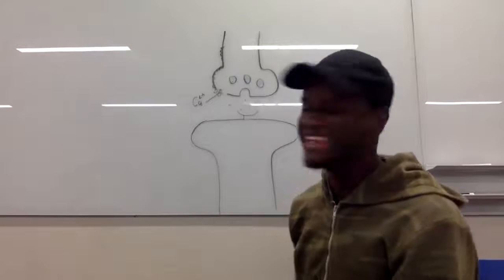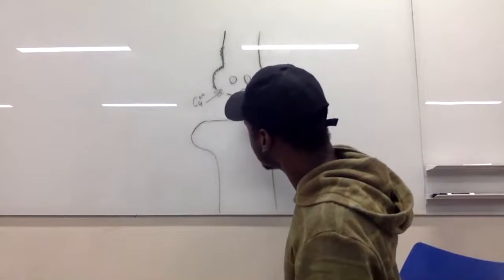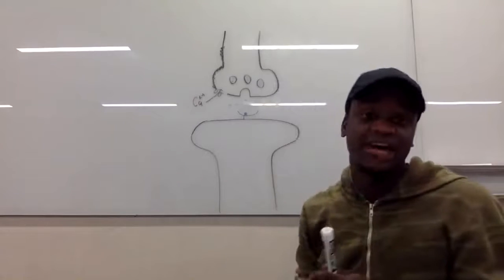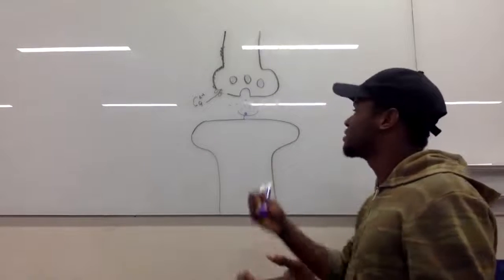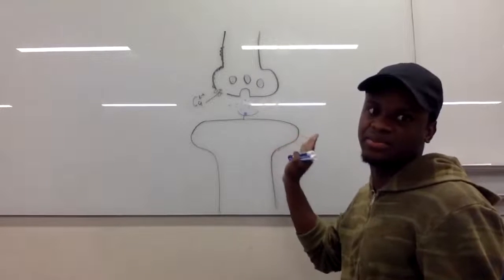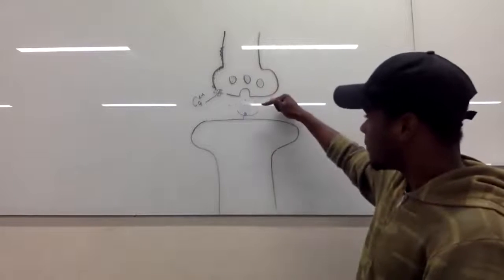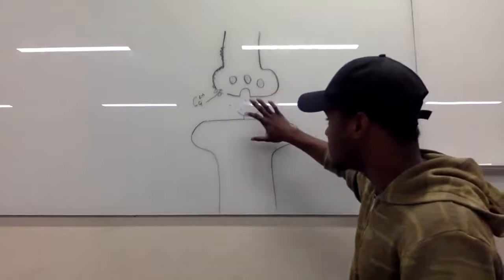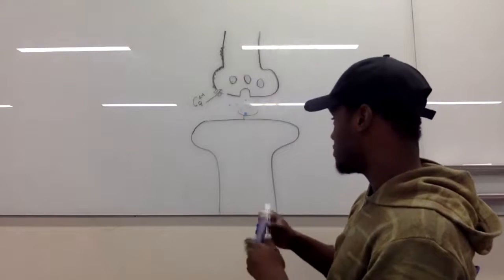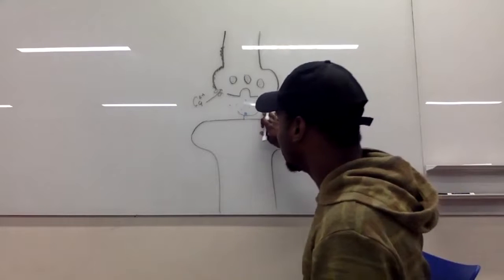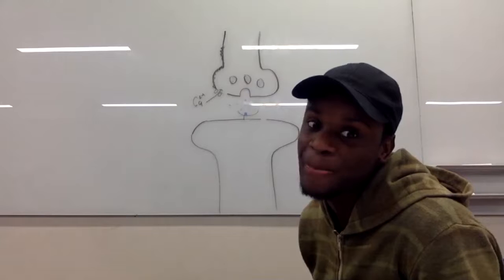Yes, it's going to bind to a receptor, and that receptor will then have some specific function in the postsynaptic cell. Most of the time, when a neurotransmitter binds to the postsynaptic cell, it'll create a new action potential in that membrane by causing an influx of what ions?